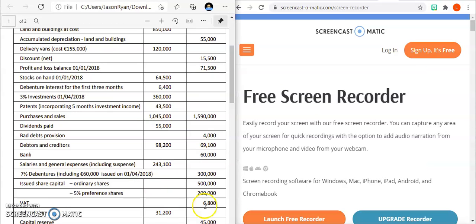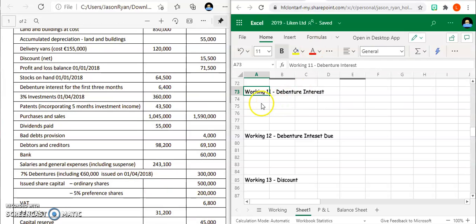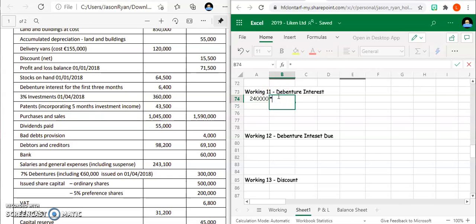So for the debenture interest we have 300,000 minus the 60,000, so 240,000, and we're going to multiply that by 7%. That's going to give us 16,800.